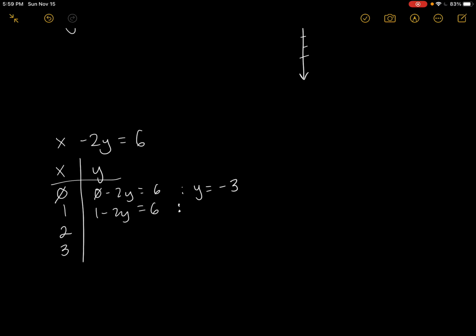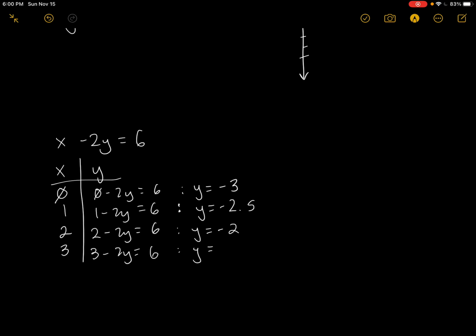Therefore, I'm just solving the equation, right? Y equals negative 2.5. 2 minus 2y equals 6. Y equals negative 2. 3 minus 2y equals 6.